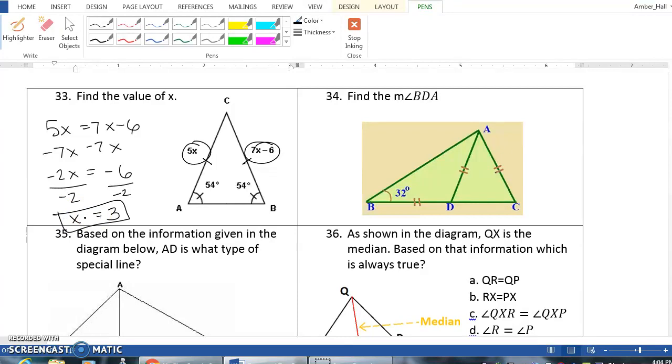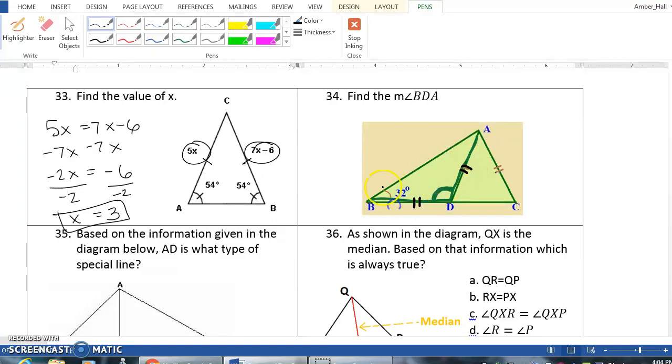34. Find the measurement of angle BDA. Well, first of all, I need to figure out where BDA is. B to D to A is right here. Then I can look. I know that the measurement of angle B is 32. If you look at this triangle right here, you can see that these two sides are congruent.